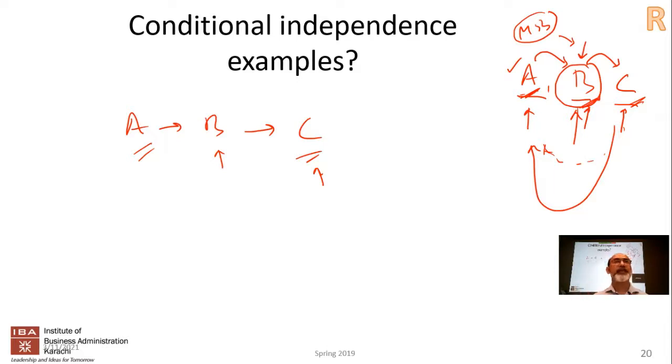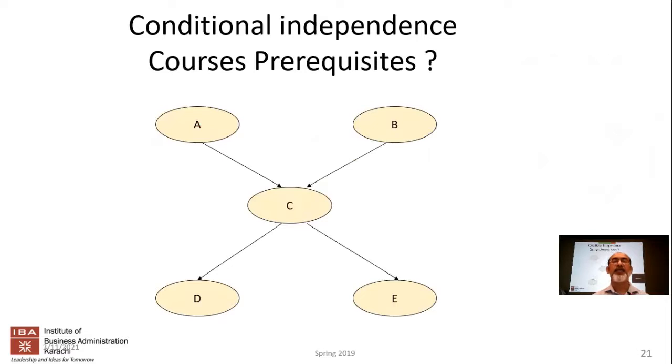Think of any other example, or is that sufficient? I think the point is driven. Let's just think of courses. If you have course prerequisites, can you think of some conditional independence? Let's say these are courses A, B, C, D, E. Intro to AI is over here, and this is data structures.